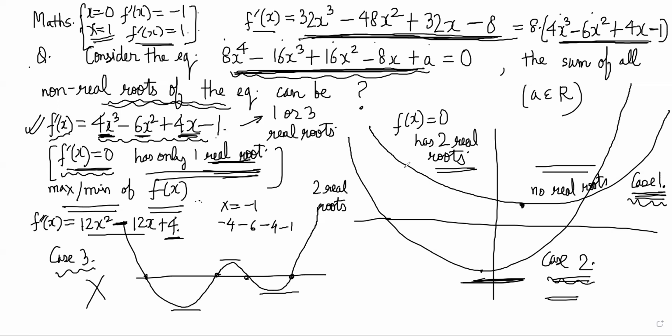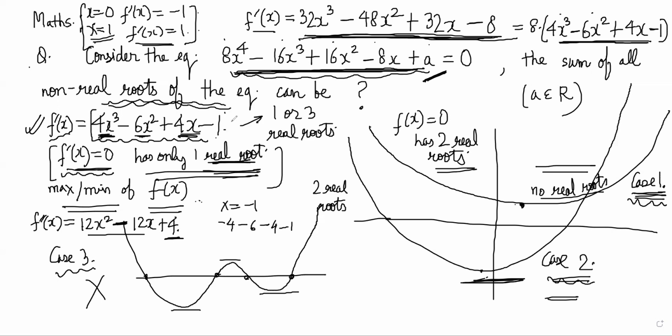So these are the two possible cases, and we have to now think of, okay, so that depends on the value of a clearly. And for certain, if the minimum value is bigger than 0, it is the case of 0 real roots, right?